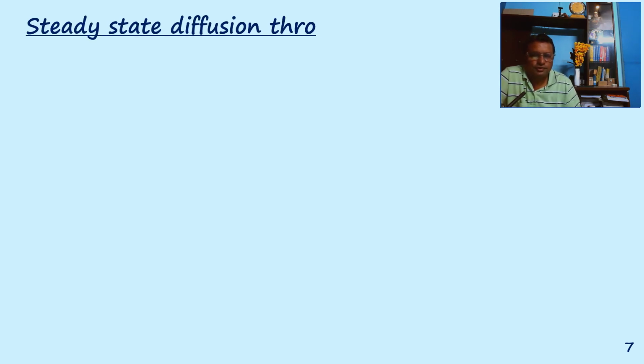Okay, so after knowing how to state Fick's law for diffusion through solids, and how to represent it mathematically, now let us discuss those three cases which I talked about earlier. The first case is steady state diffusion through a solid slab.